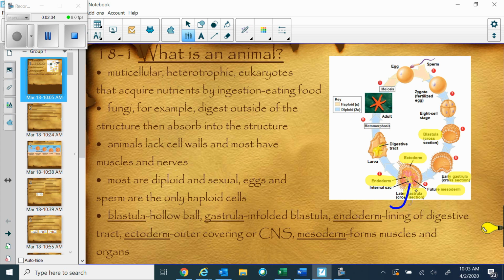So now nutrients can flow into this individual and absorption can happen on the inside. That's the ingestion piece. So the inside of this is called the endoderm. That's the lining. And then the ectoderm is along the outside. And anything that happens in between, where our muscles and organs would be, is referred to as the mesoderm.